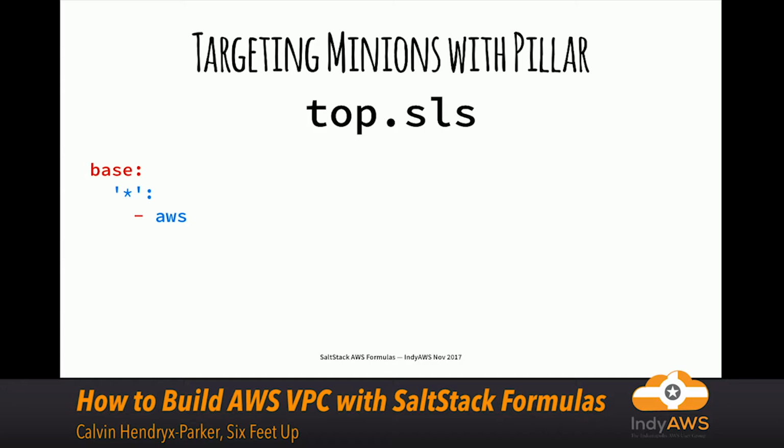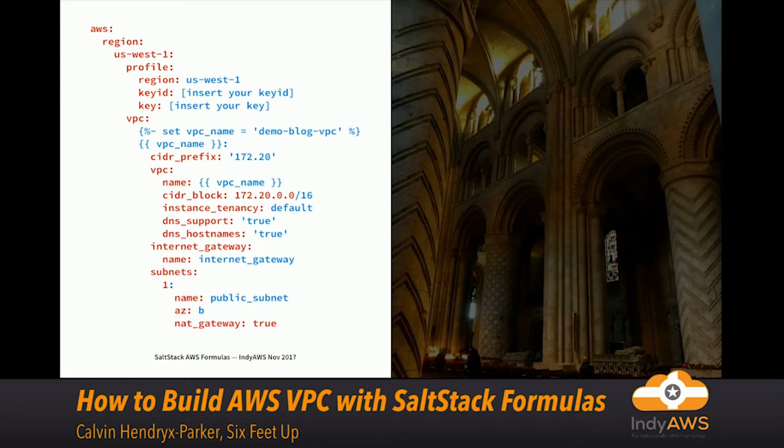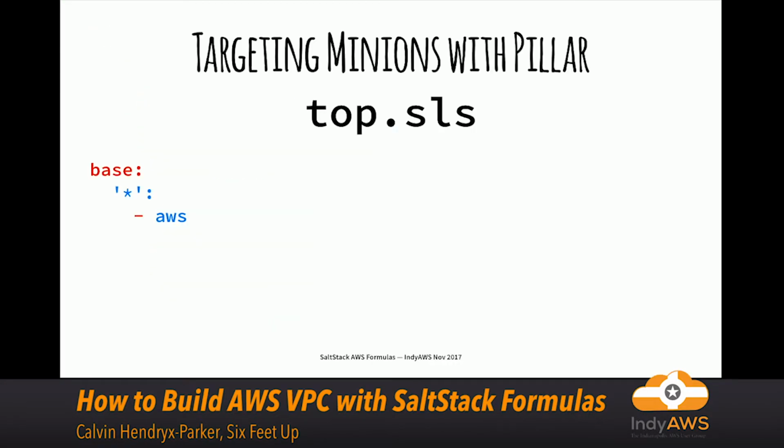The possibilities are limitless. Salt actually enables you to control networking hardware, devices that were never supposed to be controlled by configuration management type tools. But in this case, I'm using the glob star to say any machine can run this state and grab that data that's in the AWS SLS file. So this previous file here will be named aws.sls, and then it will be available in pillar data to any machine.